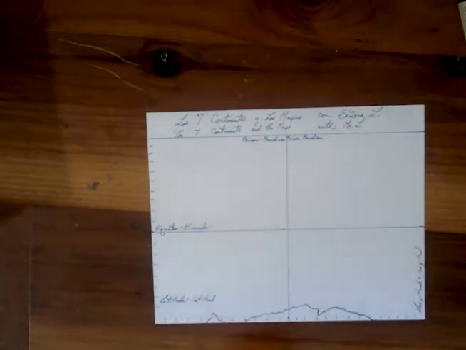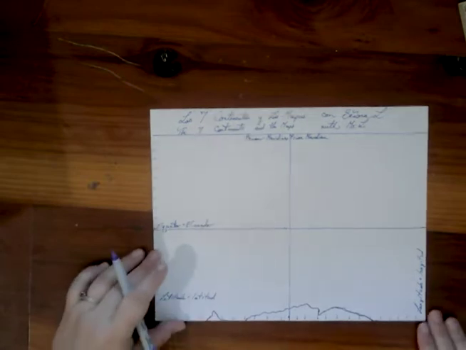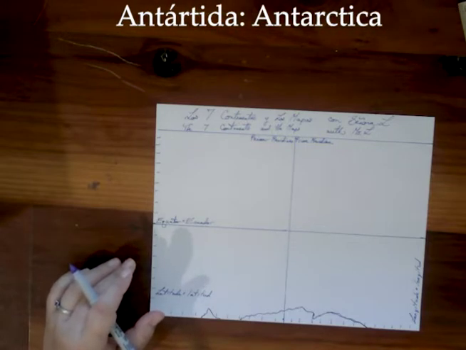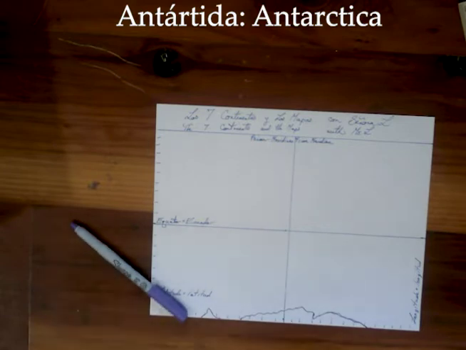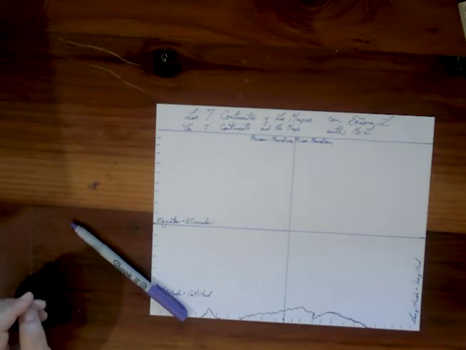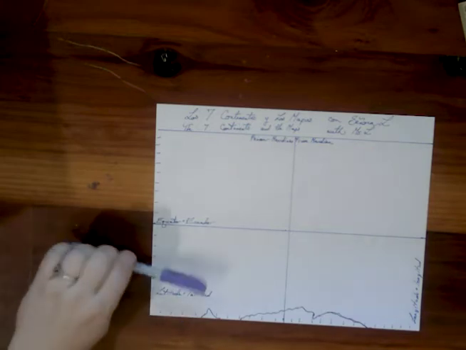And first, I am beginning with our equator, our prime meridian, and I have started off with our first continente, Antártida. Repite, Antártida. Antártida is, of course, Antarctica. Now, as you notice, this is a 2-dimensional map.